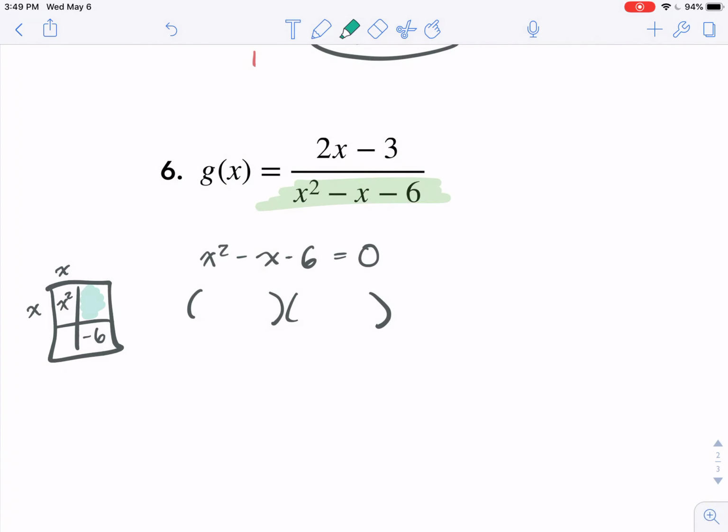We need to find two numbers to fit in here. Let's try negative 3 and 2. That gives us negative 3x plus 2x is negative x. That's what we want. So we have x minus 3 and x plus 2 equals 0.